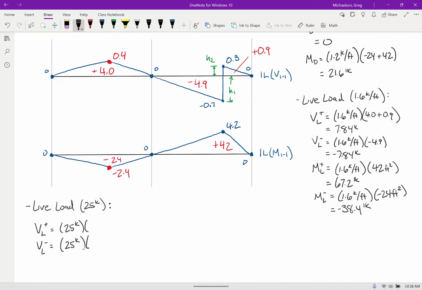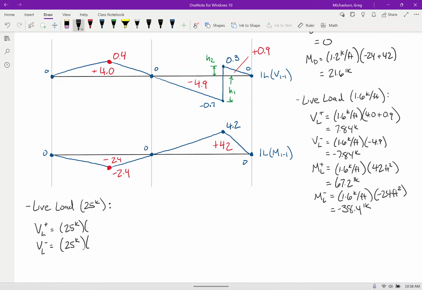Do we multiply by areas? You shook your head no. Why? You're right, Noel. You take 25 kips times what on the influence line? It's not the areas, just the values.